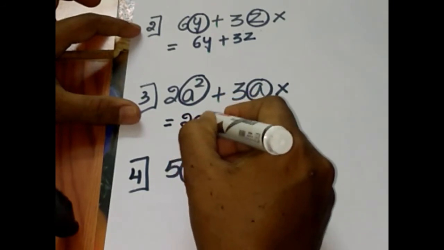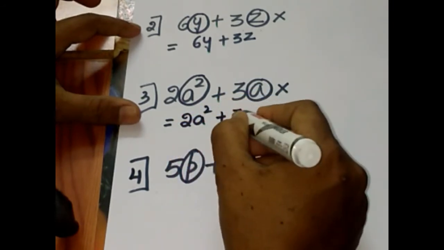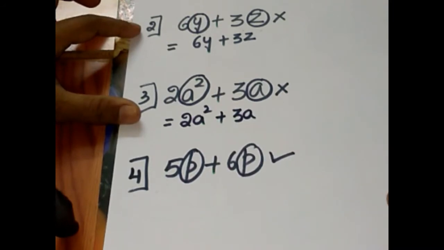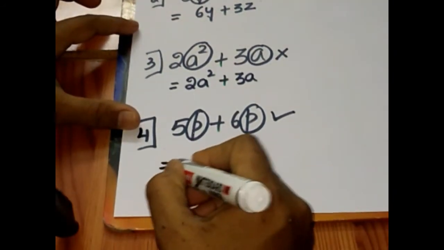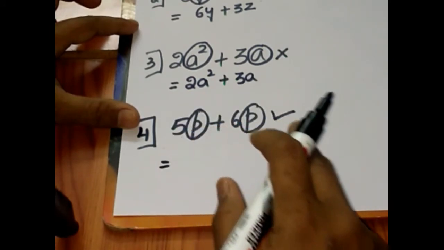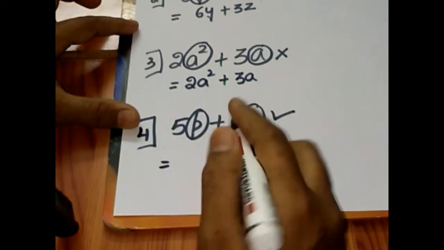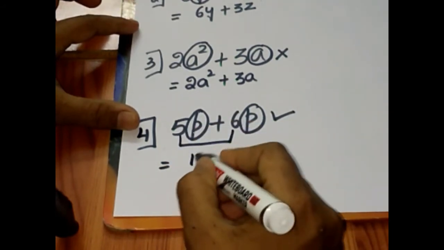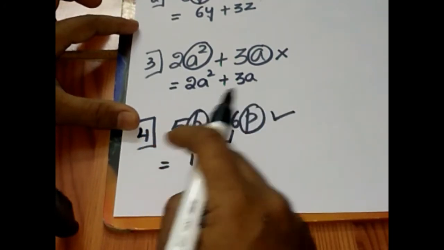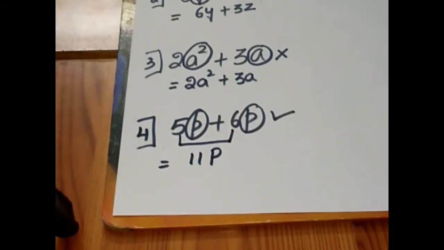There is no permission for addition, so we keep it as it is with the plus sign, 2a square plus 3a. In the fourth example, they are like terms, so what to do if they are like terms? Add the numerical coefficients. 5 plus 6 is 11p. 5p plus 6p is 11p.